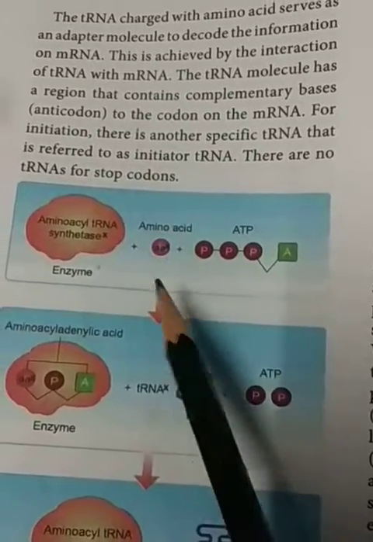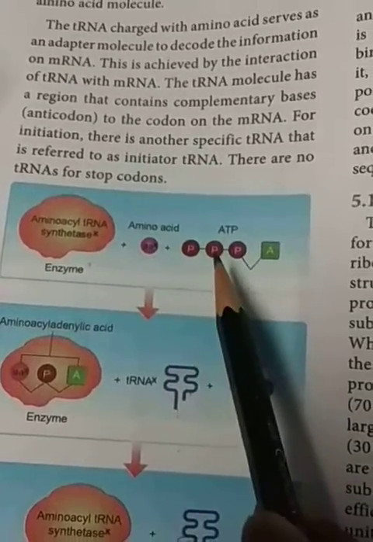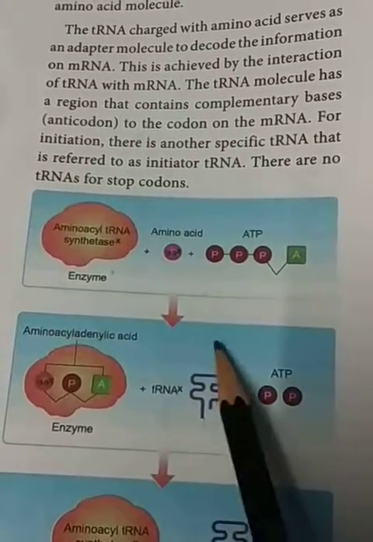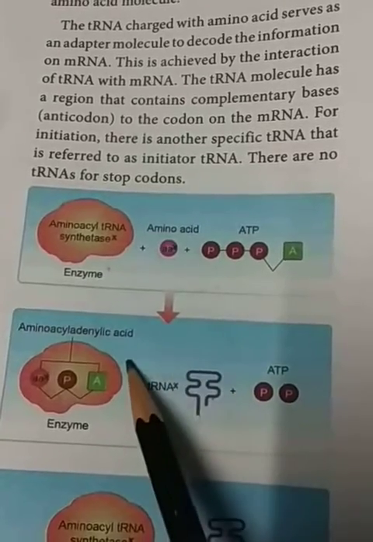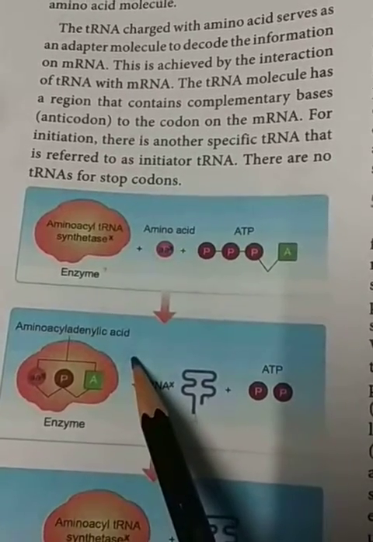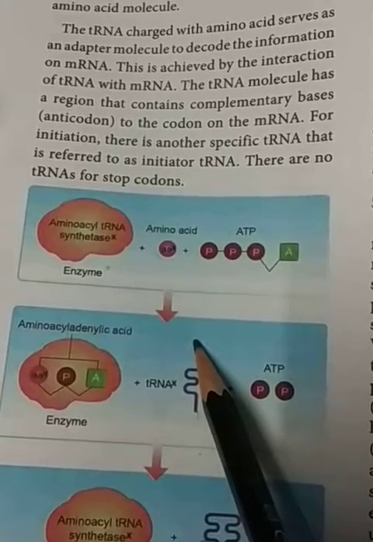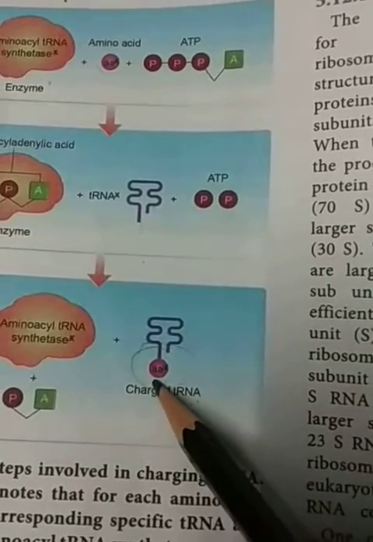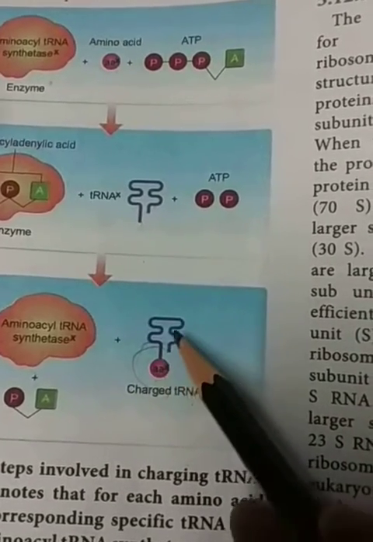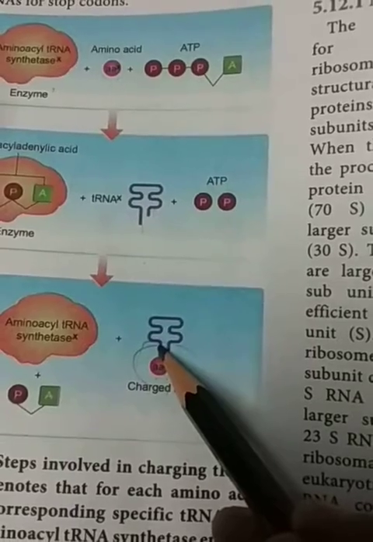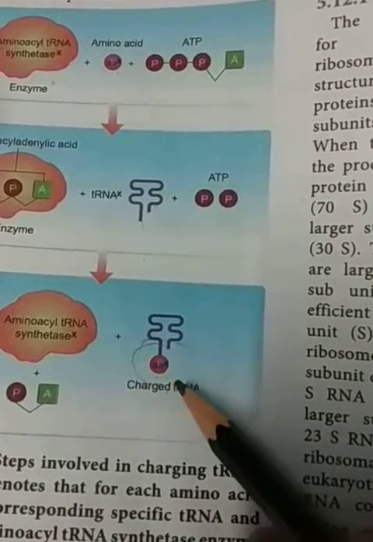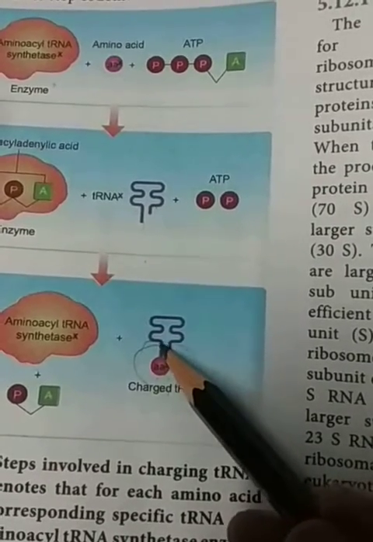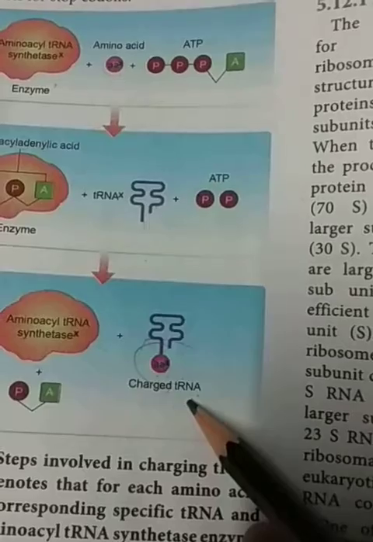In that process, peptide bonds form when two tRNA molecules come together. One is a charged tRNA, another one is an uncharged tRNA. What is the meaning of charged tRNA? An amino acid molecule attached to the tRNA molecule is known as the charged tRNA.